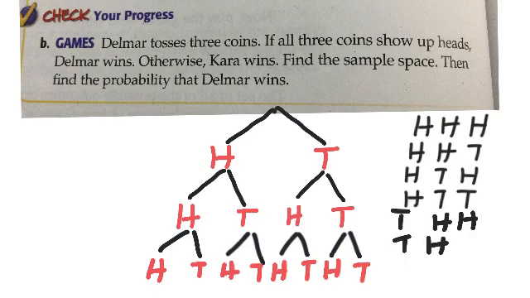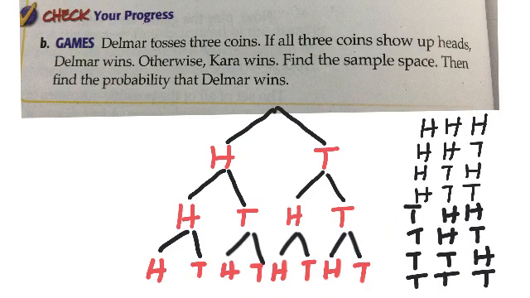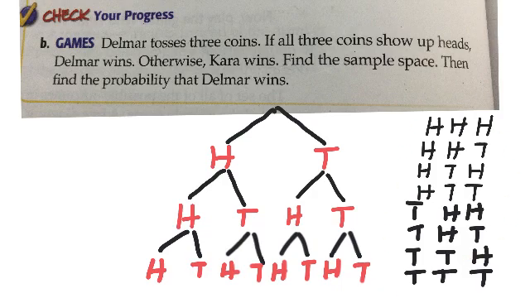Tails, heads, tails. Tails, tails, heads. Tails, tails, tails. Everybody sees where I got these from. Just following my branches down. Because event 1 was flipping a coin. Event 2 was flipping a coin. Event 3 was flipping a coin.